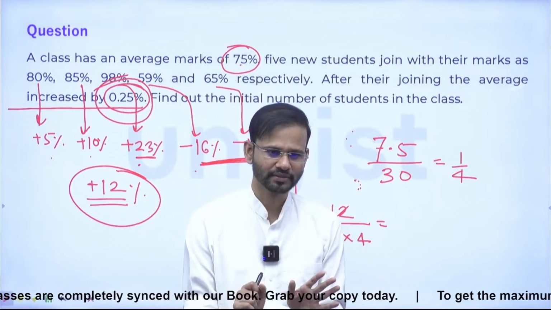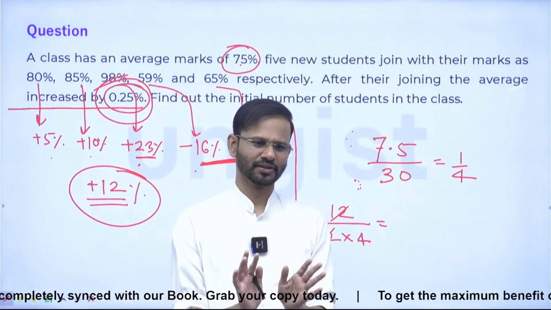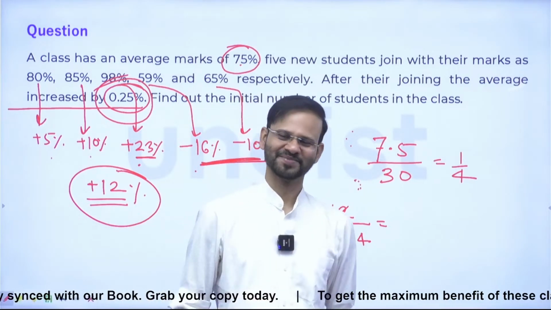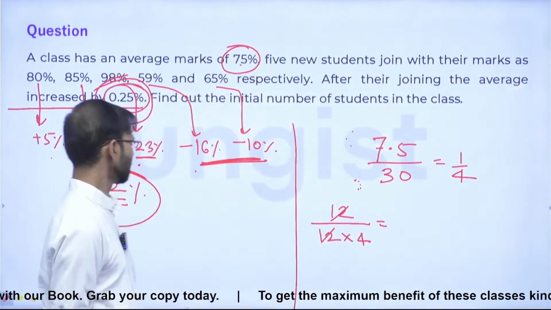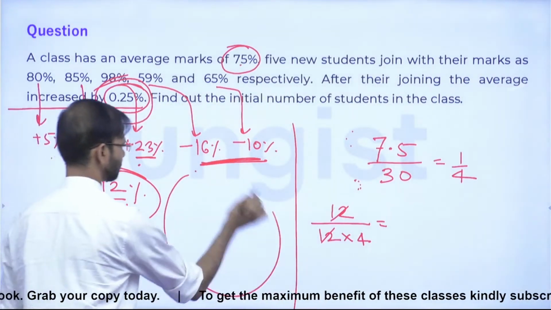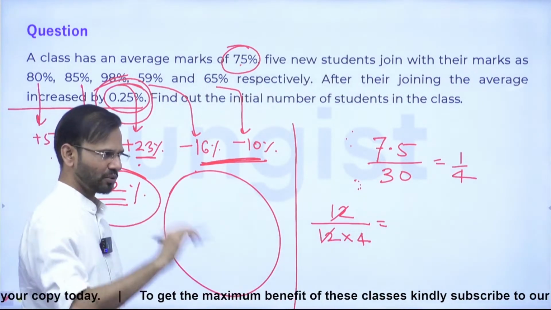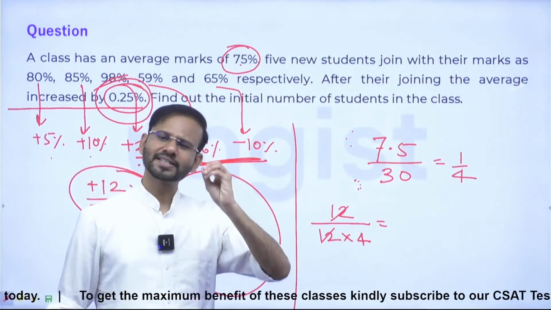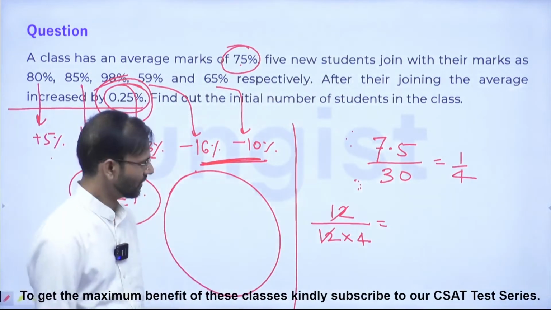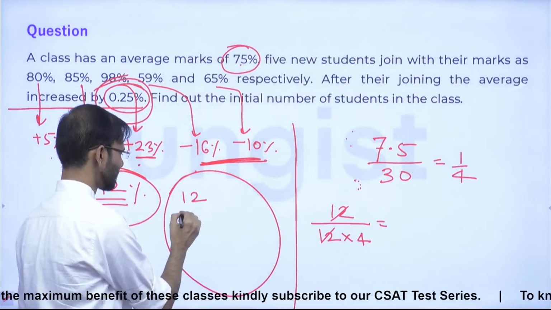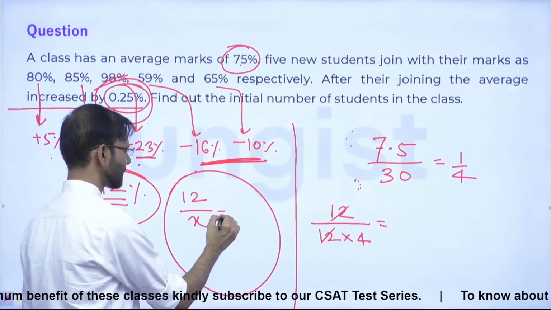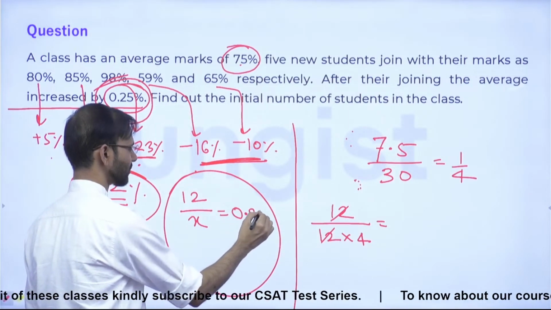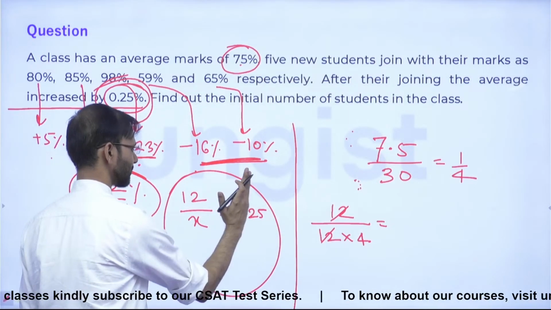Getting it everyone? Just think on it. Look here for a moment. Just assume that the number of candidates is X. So 12 is getting distributed among X candidates such that each one is getting 0.25 or 1/4.